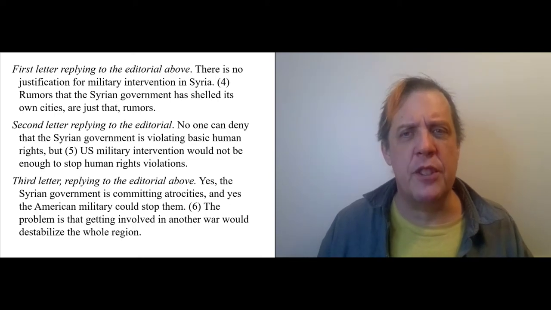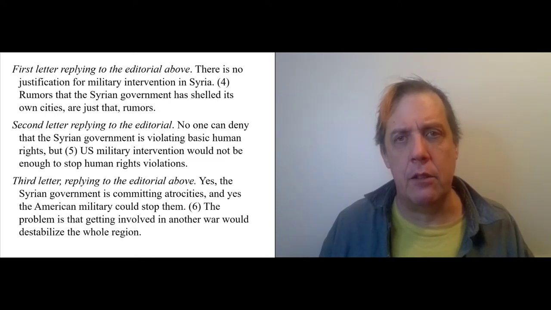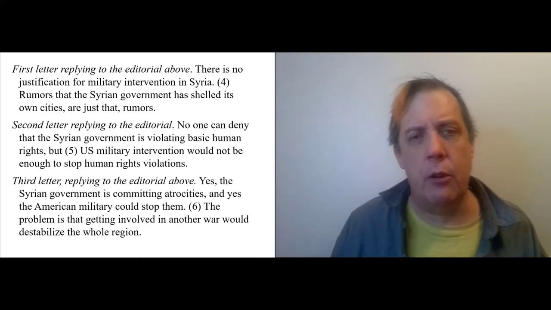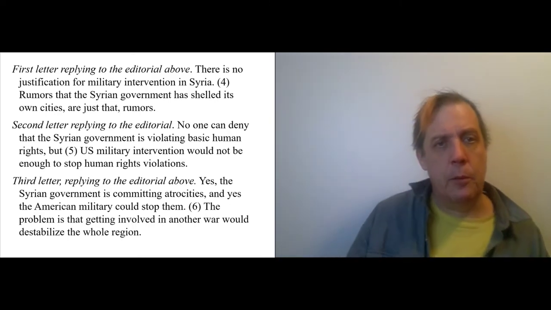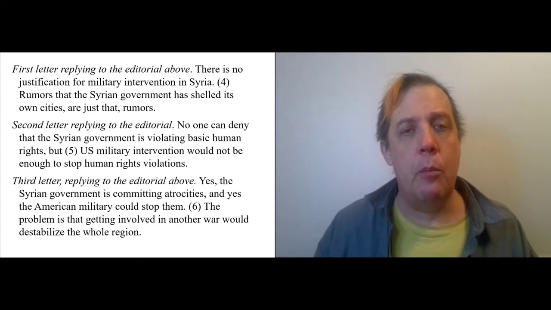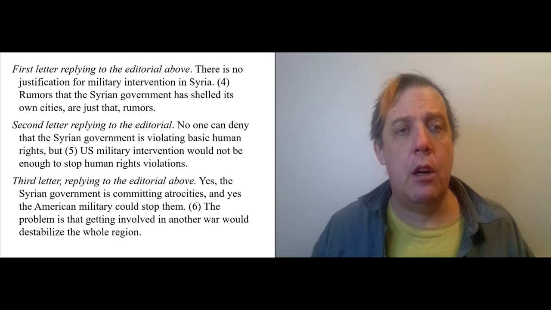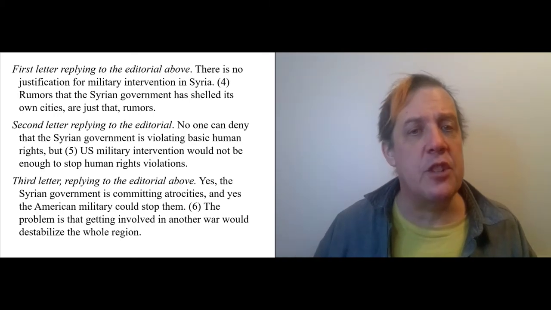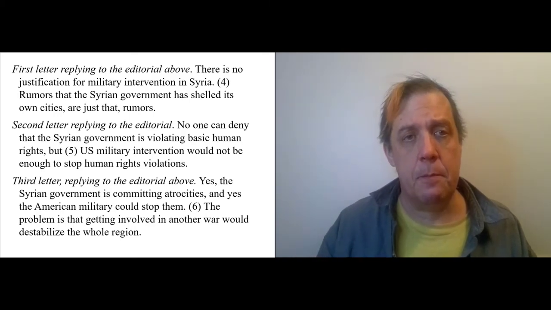And when I wrote this example, people were still saying that, and now you see pictures of Aleppo, and it's just been bombed flat. But we don't need to worry about the example here. But you can imagine someone saying that the Syrian government isn't really shelling its own cities.